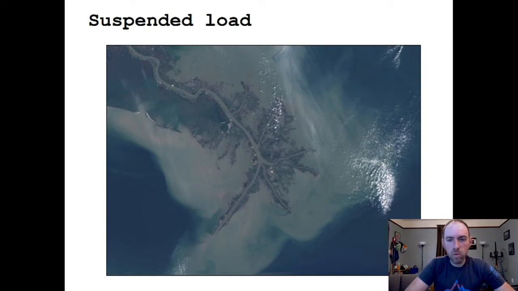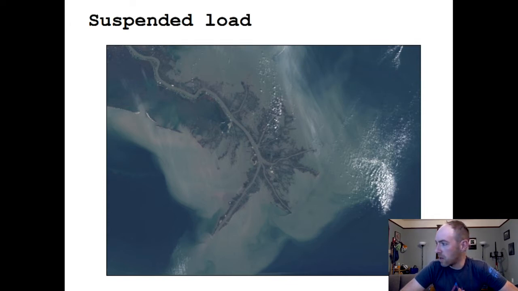So we're going to now talk about suspended load and how particles move in suspension, and how we describe the turbulent and fluid dynamic characteristics that result in the suspension of particles. Ultimately, we're going to derive a formula for the profile of suspended sediment concentrations in a flow.